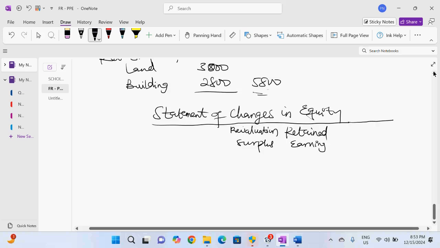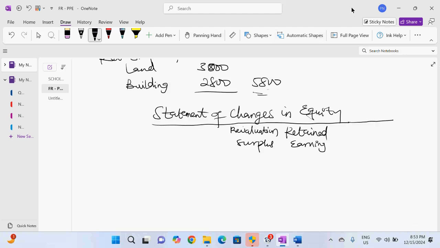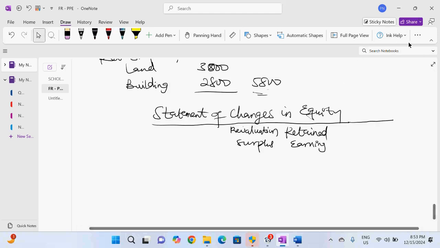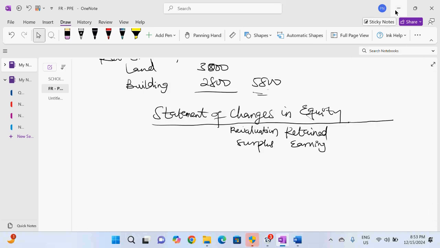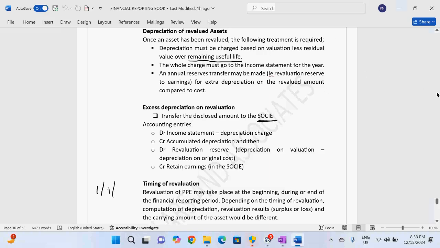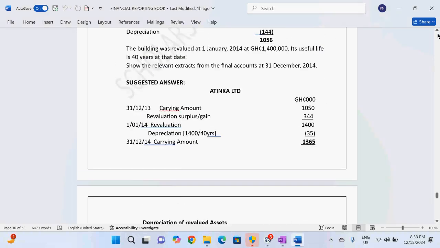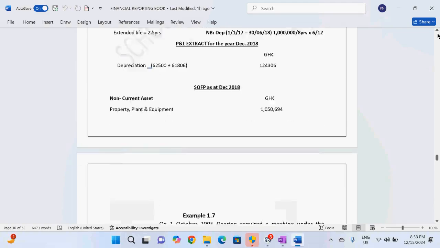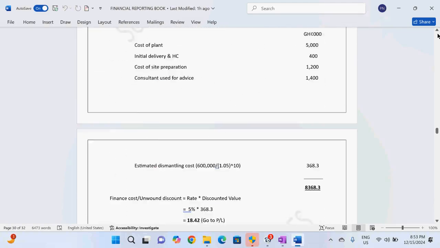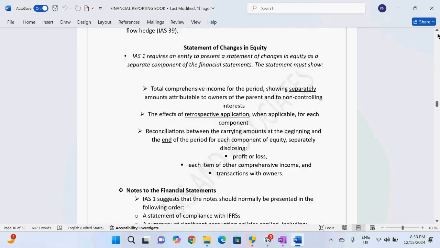Let's check the format of changes in equity. Is that the one that is called the share premium?